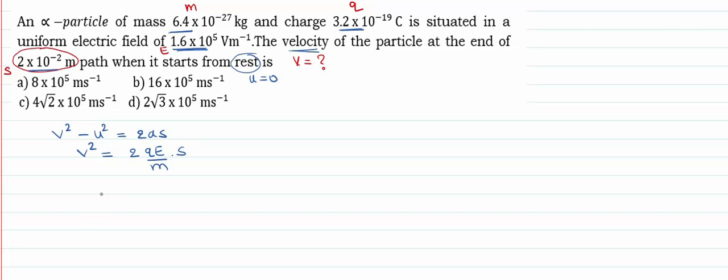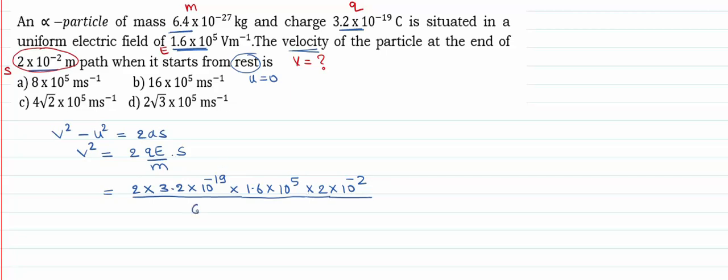Now substitute all the values given: 2 into the charge of the alpha particle, 3.2 into 10 raised to minus 19, into the electric field E, 1.6 into 10 raised to 5, into the distance traveled, 2 into 10 raised to minus 2, divided by the mass of the alpha particle, 6.4 into 10 raised to minus 27. So this is v square.